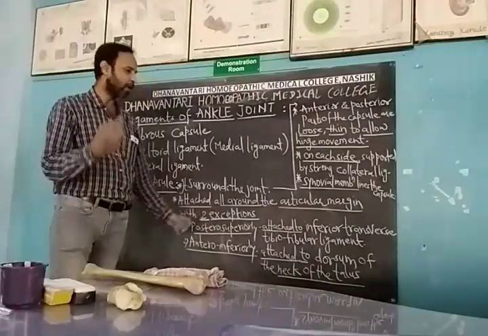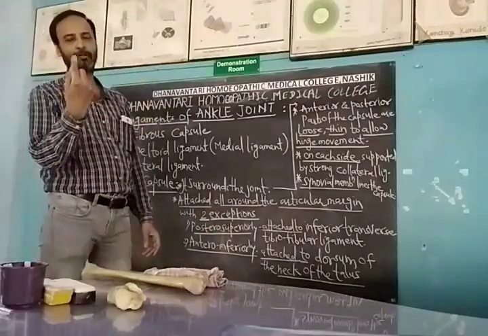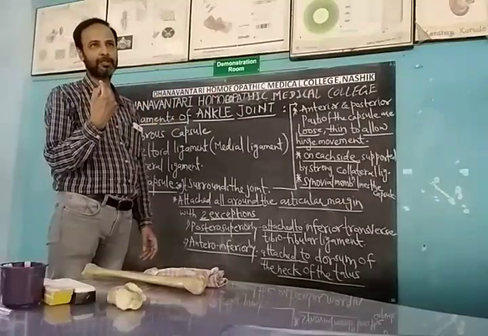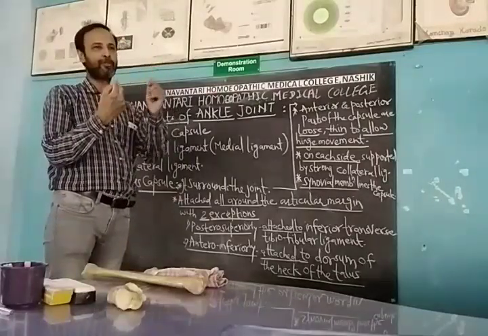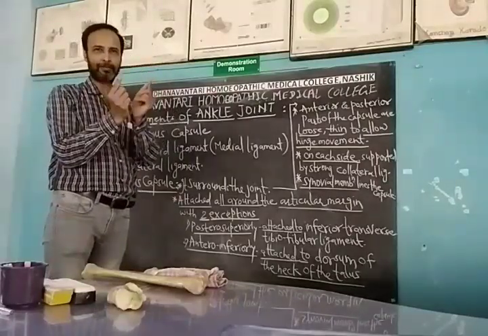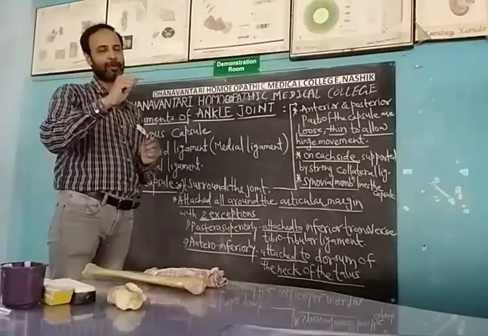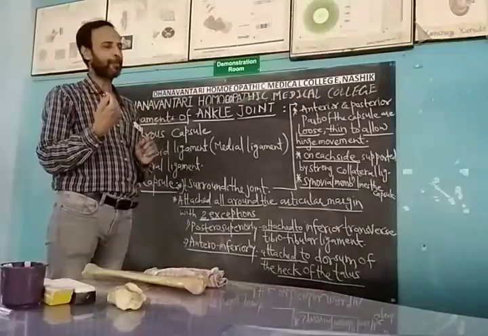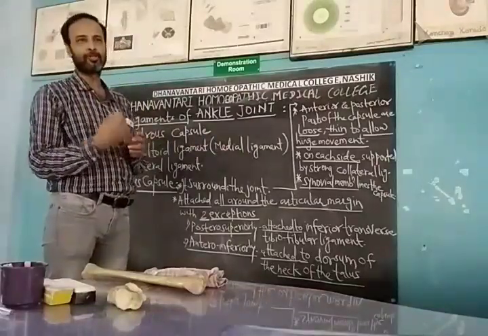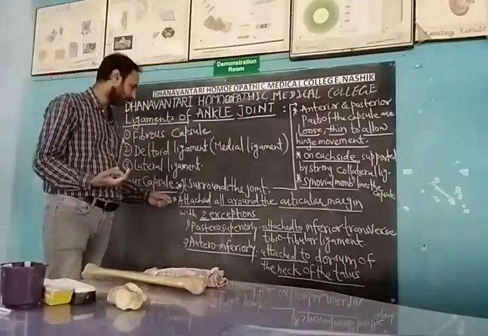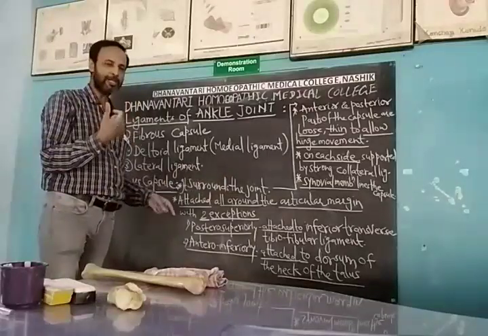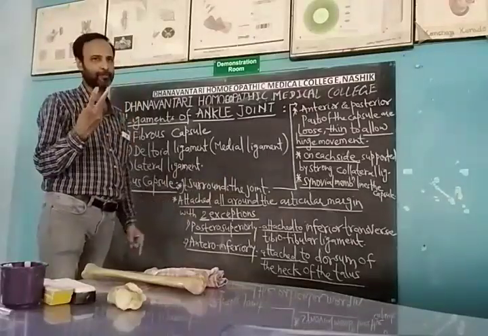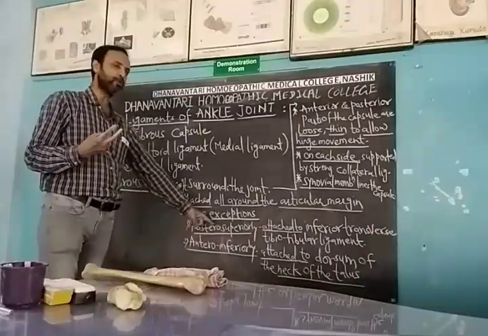It is attached all around the articular margin, the articular margins of tibia, fibula, the malleolus, and then the medial and lateral aspects of the talus. So it is attached all around the articular margin with two exceptions. The first exception is posterior-superiorly.